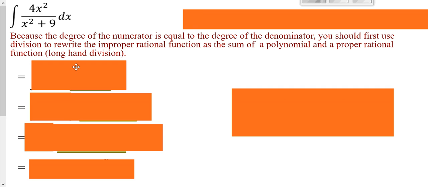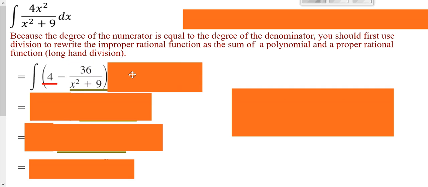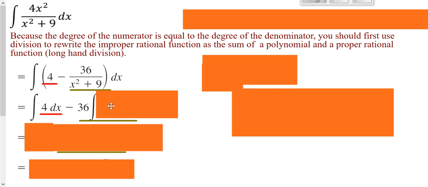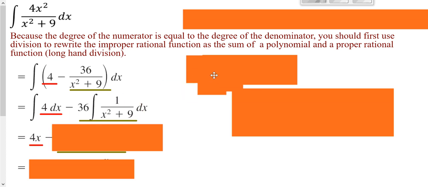Well, if you do longhand division, you would get a 4 plus, and then your remainder would be a 36 over what you were dividing by. Well, you could just go ahead and do the integral of the 4 minus the integral of that fraction. Well, the integral of 4 is pretty easy to do. Now, we did not do anything special on this first part.